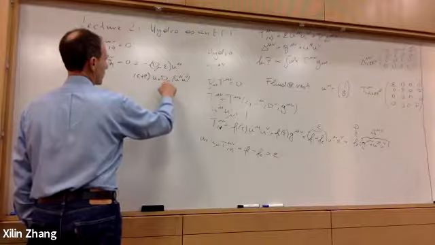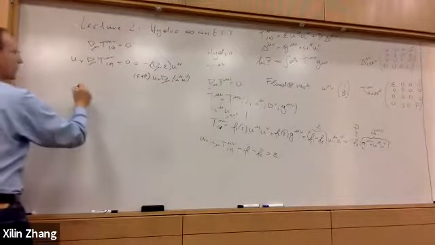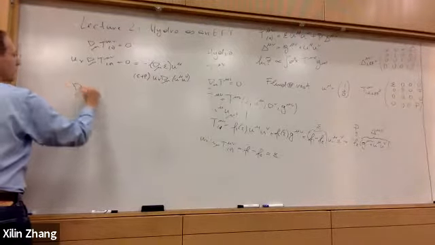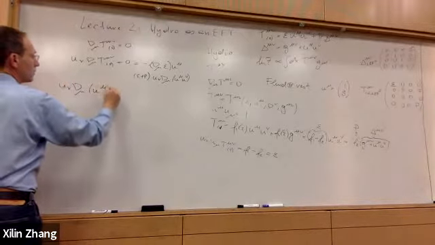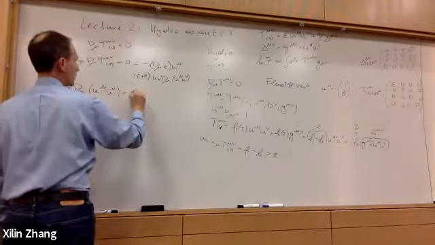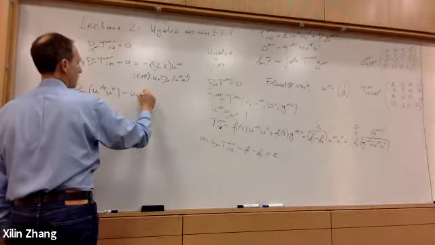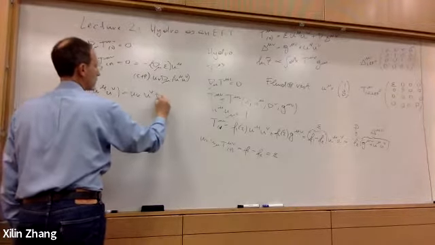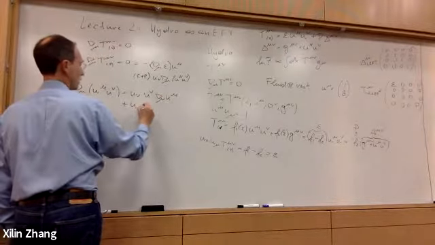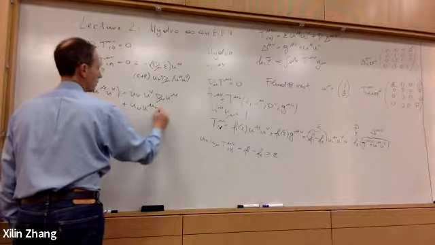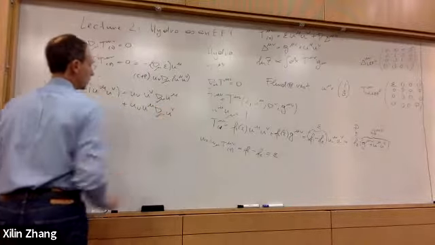Let's do it slowly. ∂_μ (u^μ u^ν) is the same as u^ν ∂_μ u^μ plus u^μ ∂_μ u^ν.